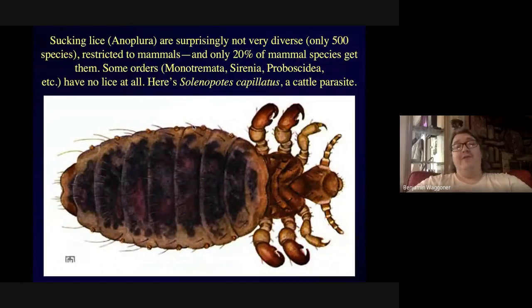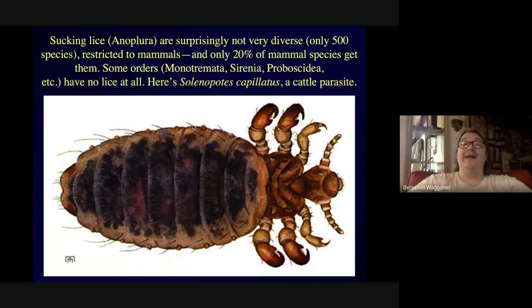There's only about 500 species of sucking lice, and I was surprised to find this out. Only about 20% of mammal species have sucking lice at all, and there are entire orders of mammals that don't have them. The Monotremata is the platypus and the echidnas, and it's not a very big group, but it is perhaps interesting to know that there are no lice on these at all.